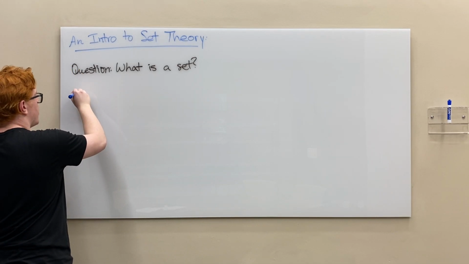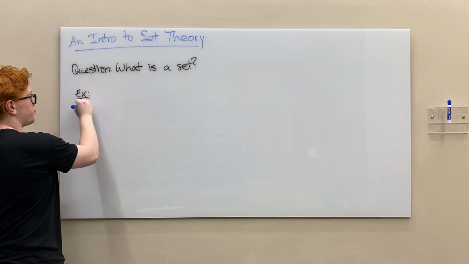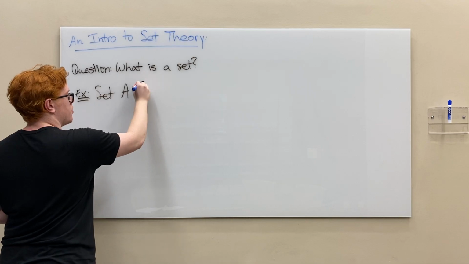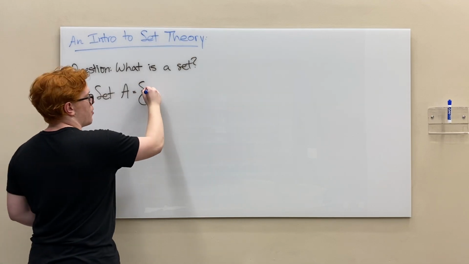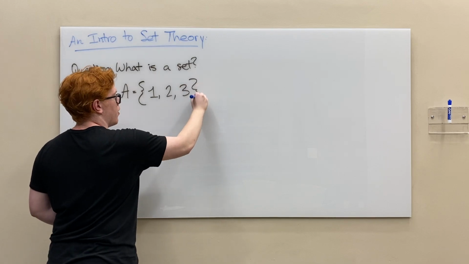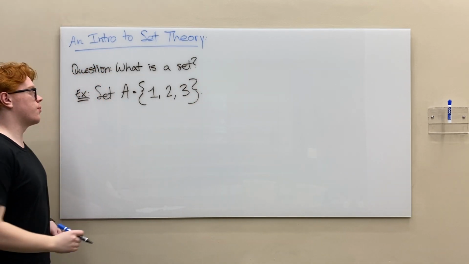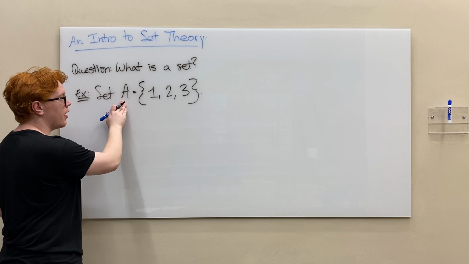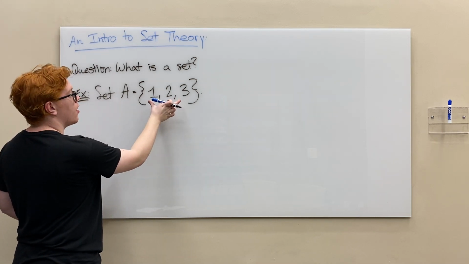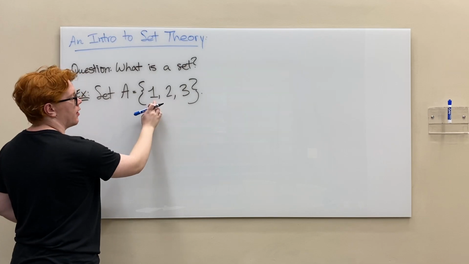Here's an example. Set A is equal to {1, 2, 3}. The set we will call A, and when we refer to the set, really what we mean is this collection of elements. In this case, it's numbers.